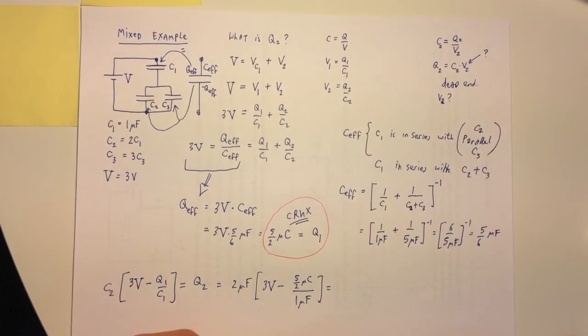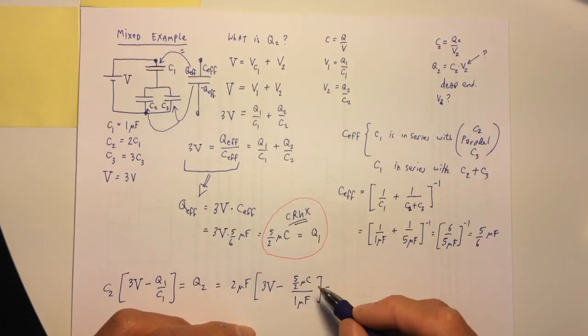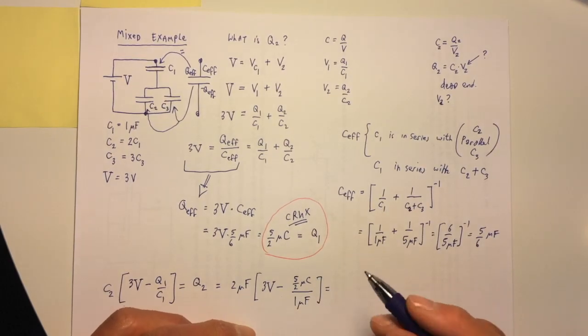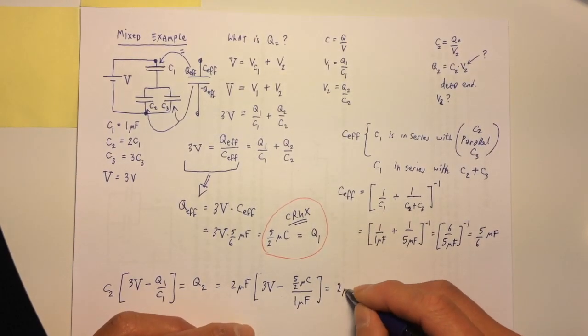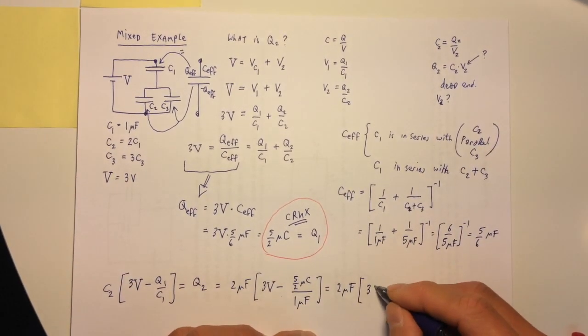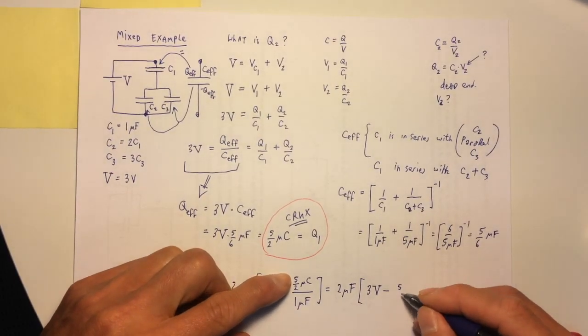5/2 over 1 is 5/2. The micros cancel. A coulomb per farad is actually a volt. That's the SI unit magic. And I get 2 microfarads times 3 volts minus 5/2 volts.